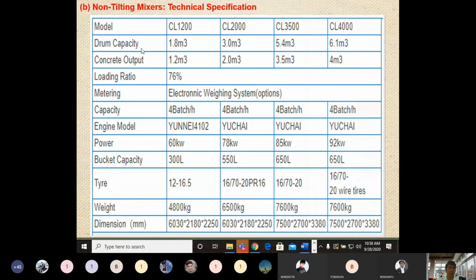These four technical specifications are very important while writing your answer: the drum capacity, concrete output, loading ratio and the capacity. The rest, if you do not write, is okay, but you have to write these 4 to 5 technical specifications, then your answer is acceptable. Okay, so this is my input on how to write the answers.